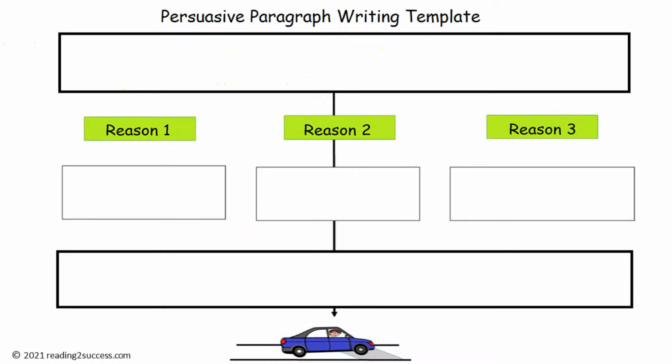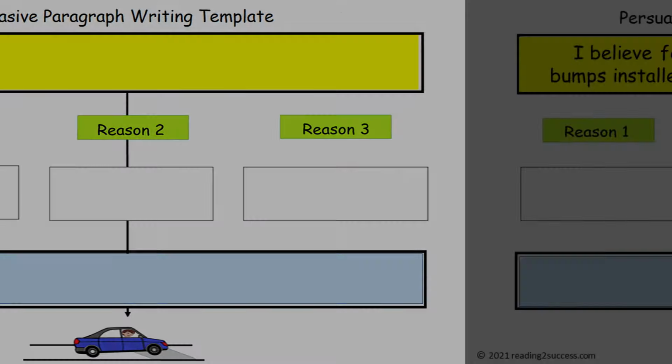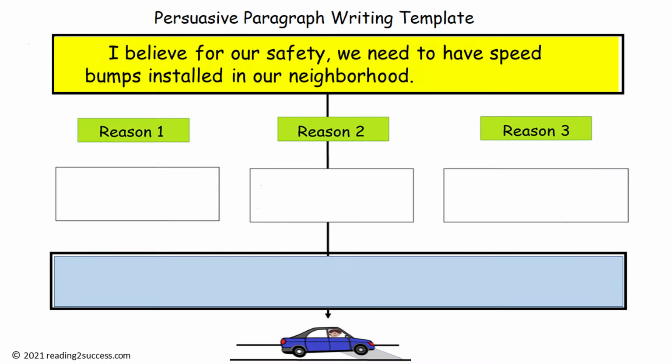Now we want to have kids write each section in the proper part of this graphic so they get used to the flow of a persuasive writing paragraph. This is also a color-coded template that is available for download, and this is the one we're going to use for the following example. Have kids begin by filling in the opinion statement.